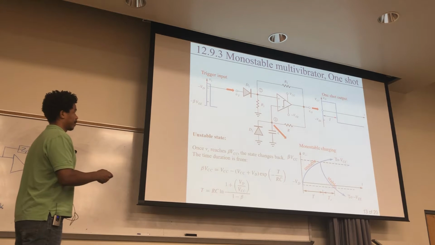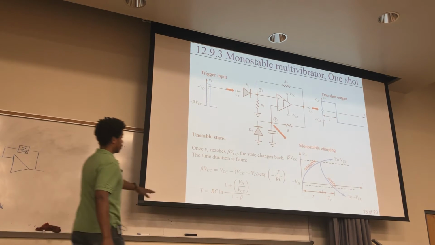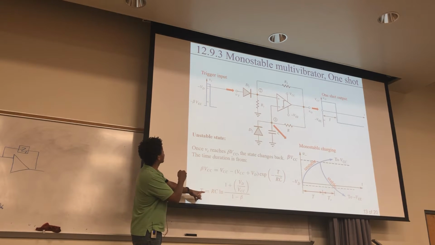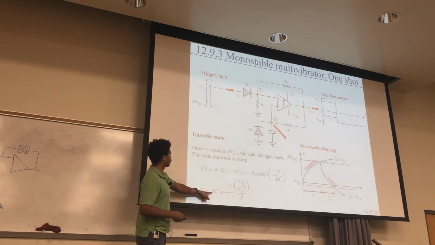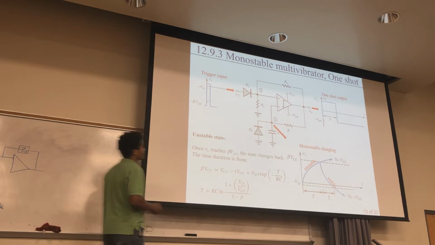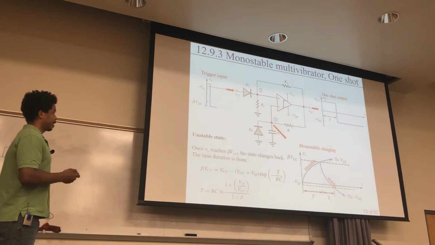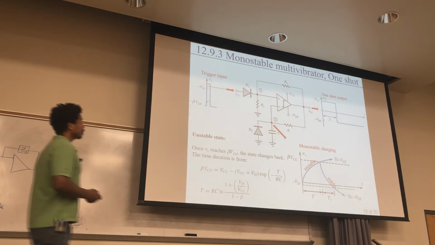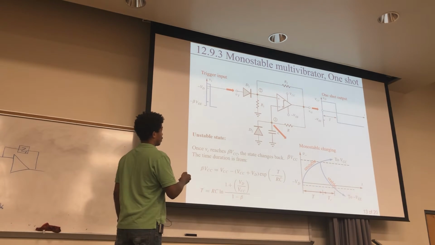And that's the time it takes it to get back. And like I said before, if you look at all the terms here, it is independent of that time. So an incoming pulse is needed to get it started. It's just a pulse that causes it to switch from here to here.